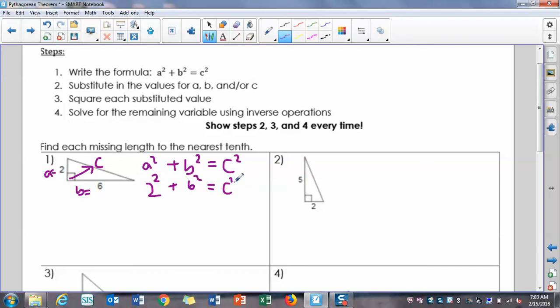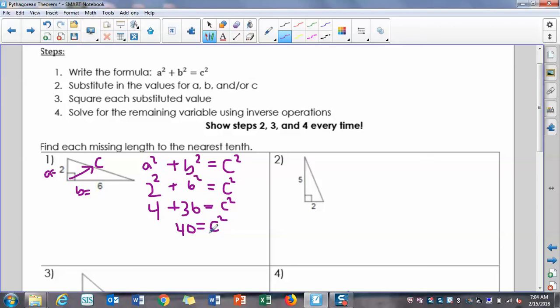Before we can solve, we need to figure out what 2 squared and 6 squared are. So we have 4 plus 36, and that's equal to c squared. Now here we know that 4 plus 36 is 40. So we know 40 is equal to c squared. And now our last step here, we see that c squared is 40, but we want to determine what c by itself is.